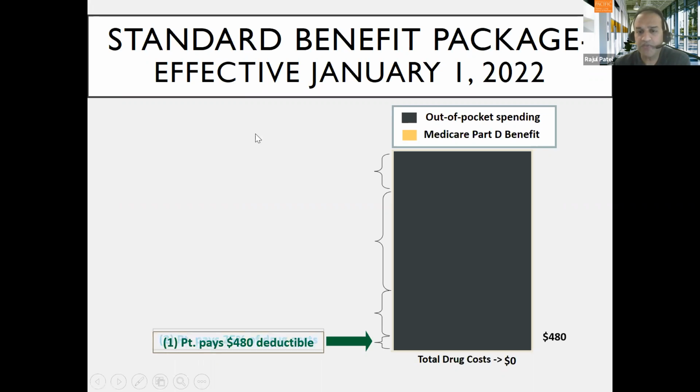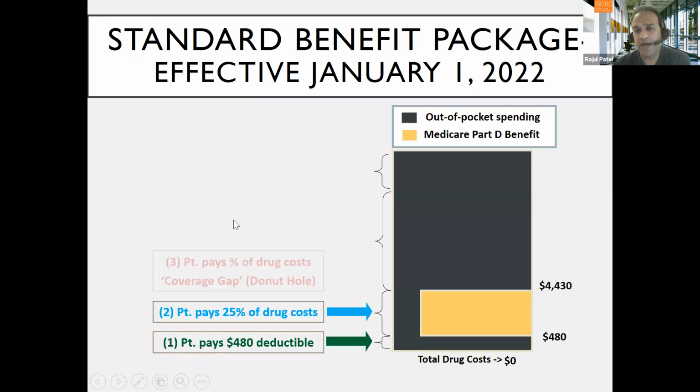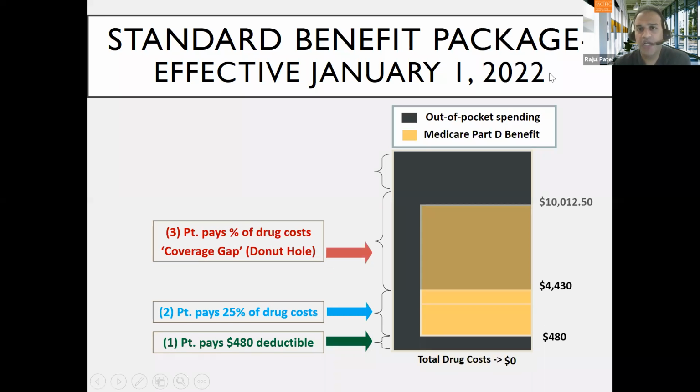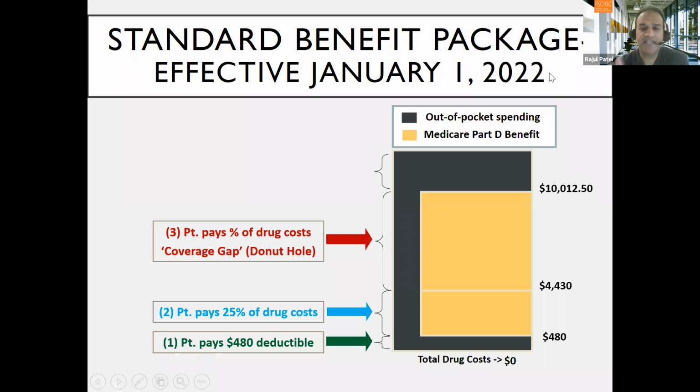Once you get to $480, all the way up to $10,000 $12.50, now you're looking at a 75%, 25% cost sharing. 75% of the cost during this window is picked up for the patient, but that means 25% of the cost is their responsibility. Okay.